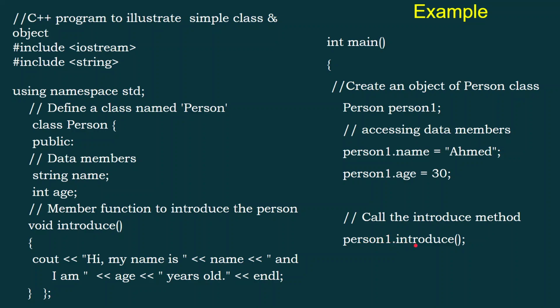So person1.introduce means this will call the function introduce, and then what the program will do is it will substitute the name as Ahmed in this place, and the output will be like, "Hi, my name is Ahmed and I am", this age will be substituted in this place, "30 years old". This will be the output of the program. And then return 0, since you have used int here, return 0 and then close the program.